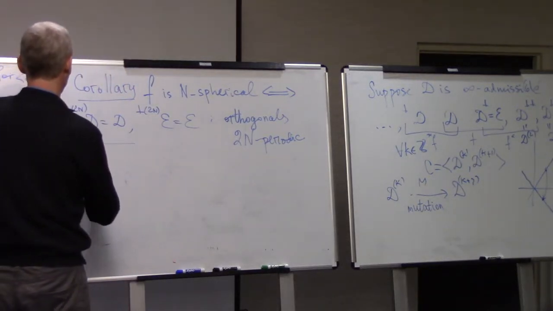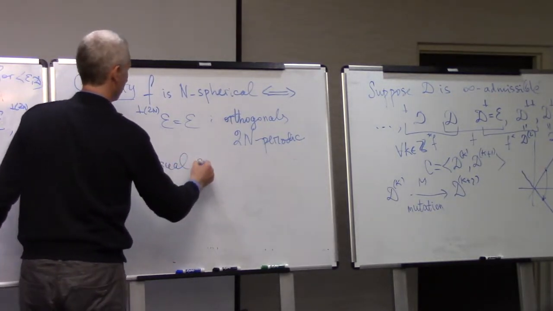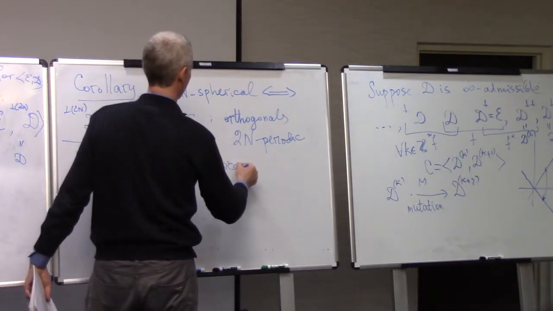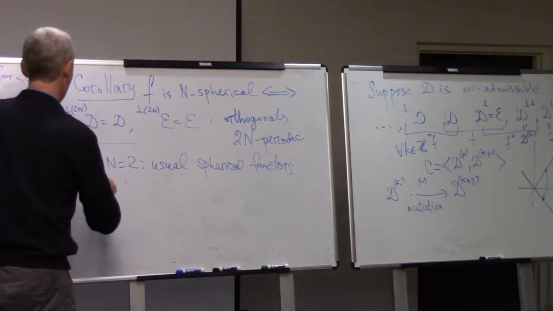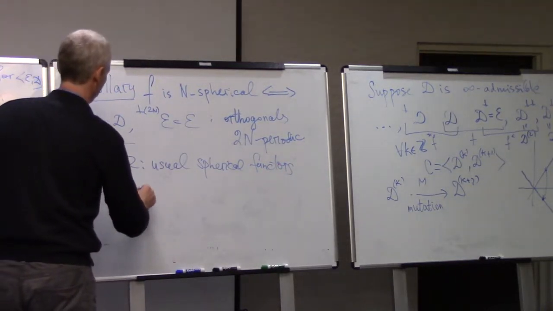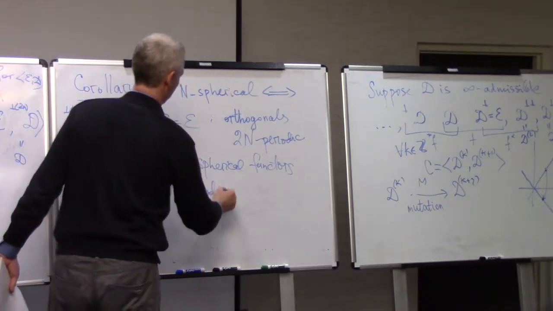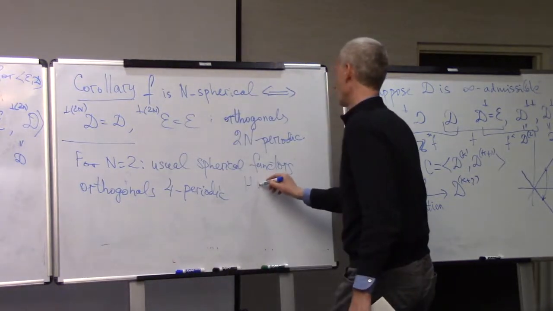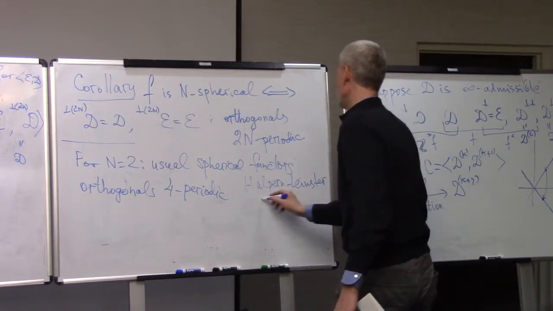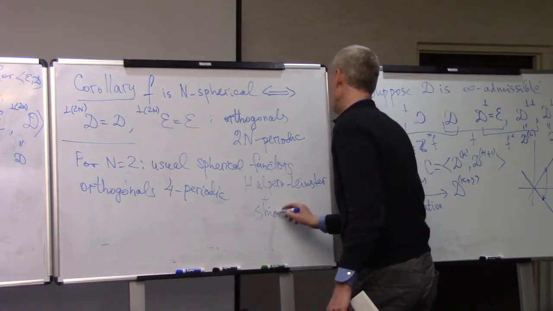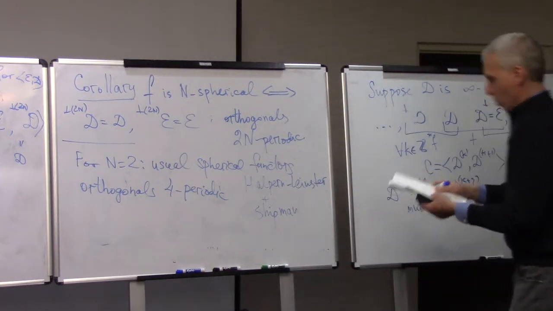So for n equals 2, we get usual spherical functors. So the orthogonal is 4 periodic.